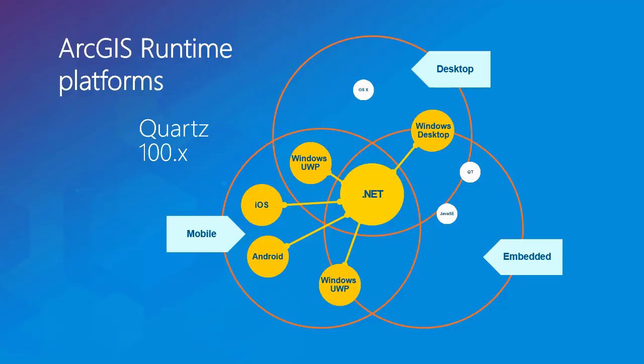We're looking to support Windows Desktop still, which would be WPF, and Windows UWP or Universal for desktop and mobile and embedded Windows platforms, but also advancing that to support iOS and Android. So this is our .NET developer experience for Quartz, targeting these different platforms.